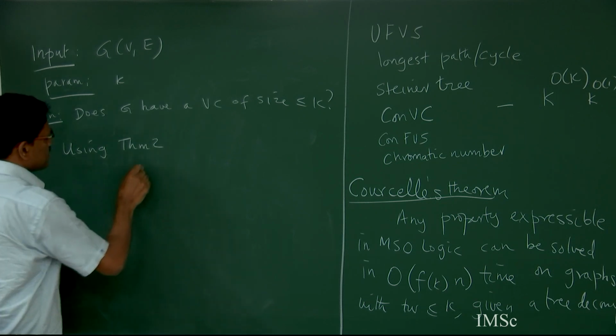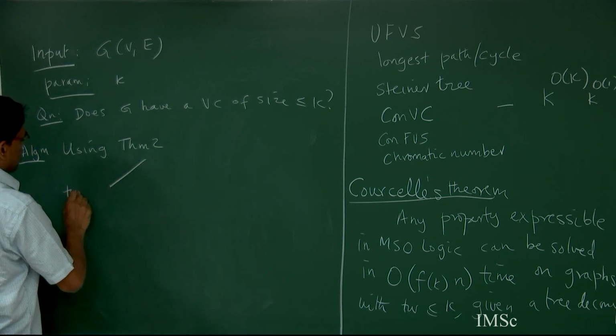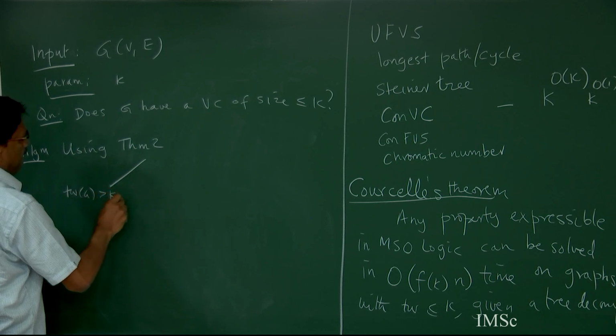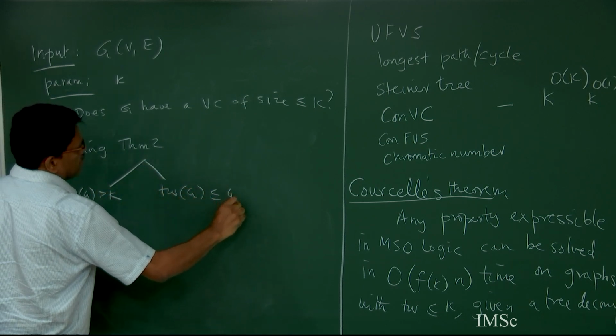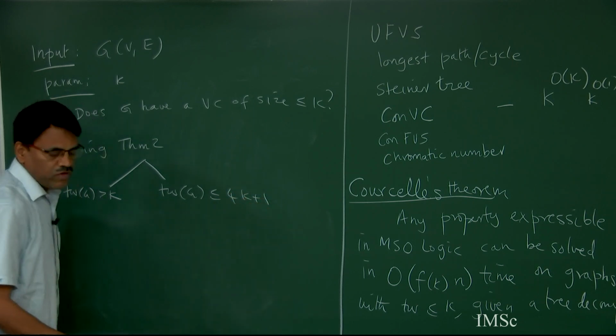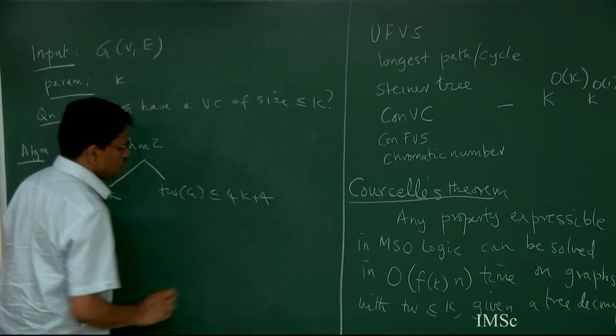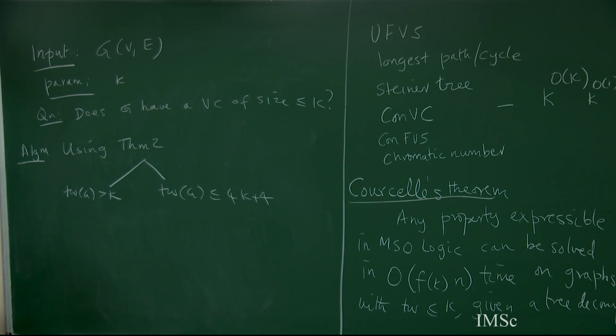Two possibilities, right? What do I get? Either it will say tree width is greater than k, or it will give me a tree decomposition of width 4k plus 4. If this is the case, I can actually find even minimum vertex cover, right? Because we said we can find maximum independent set, minimum vertex cover, all of that.